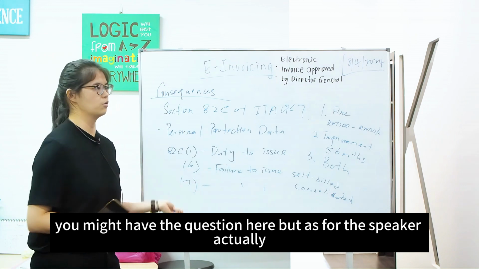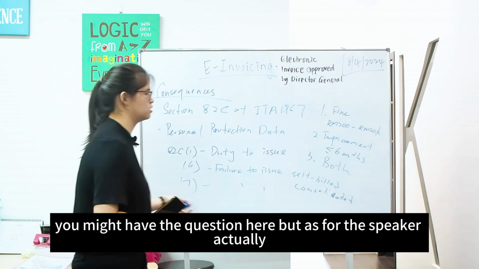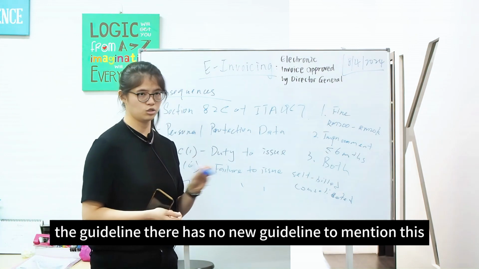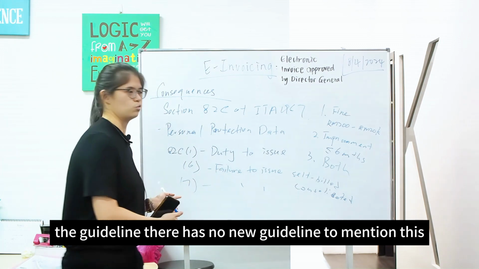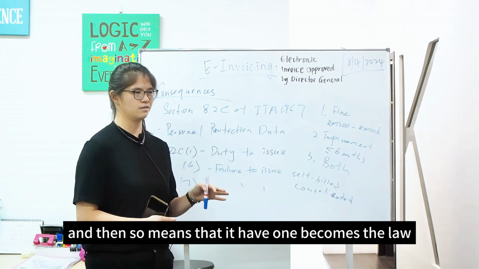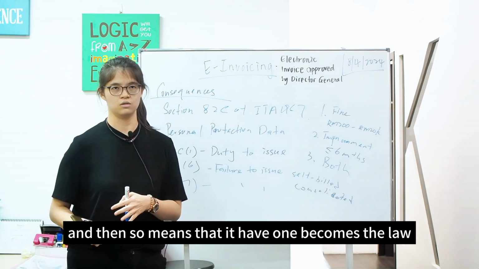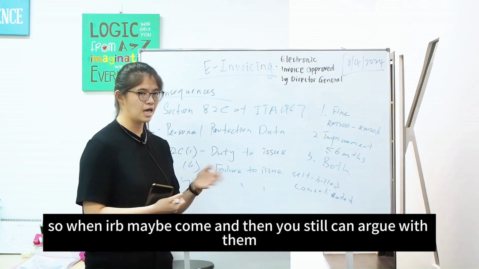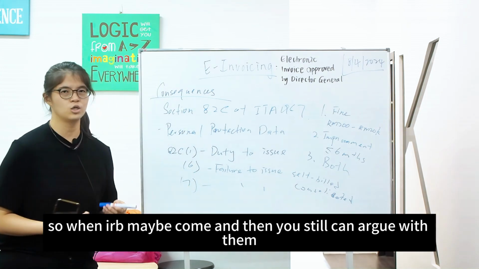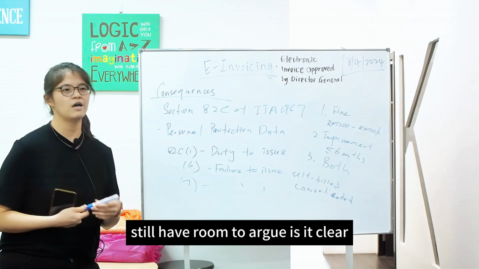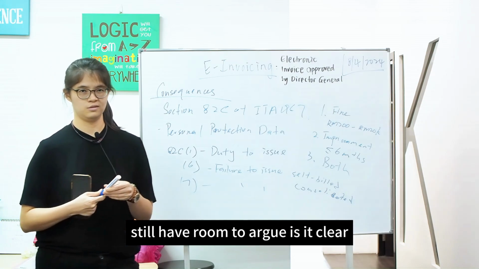You might have the question here, but as per the speaker, there is no new guideline to mention this, so it means that it hasn't become law. So when IRB maybe comes, you still can argue with them, still have room to argue. Is it clear?